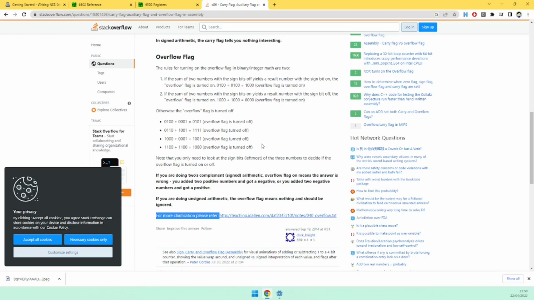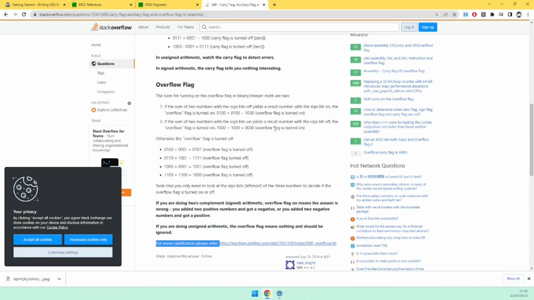So, what does this mean? So, 1000. So I think this is wrong. This one should be on. I am adding these numbers. Do I have something in the calculator for this?